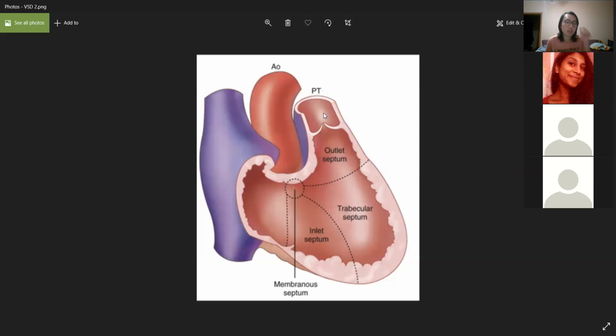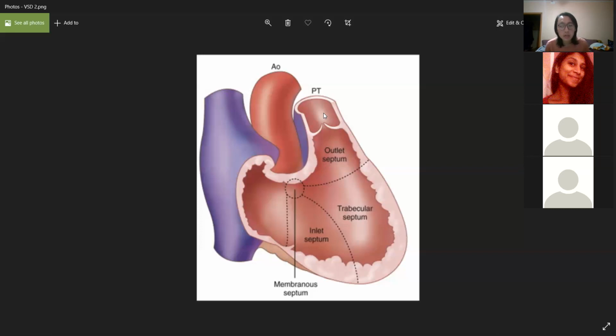I can't find such parameters, so I don't know how to decide that. But anyway, in small ventricular septal defects, the patient can be asymptomatic.